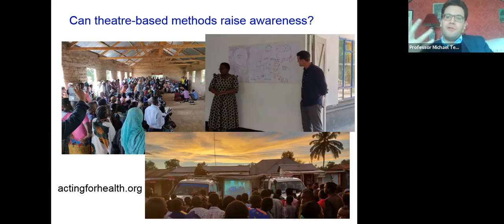So they developed a whole short vignette to then perform to the rest of their community, to explore that issue and to communicate in their own way some of the flaws in that understanding. And we also videotaped these plays, and we then were able to show them in other communities and also study, from a social science perspective, whether it's more effective to do a live play with people in a community or whether a video of people from a different community is equally effective in communicating these health messages.